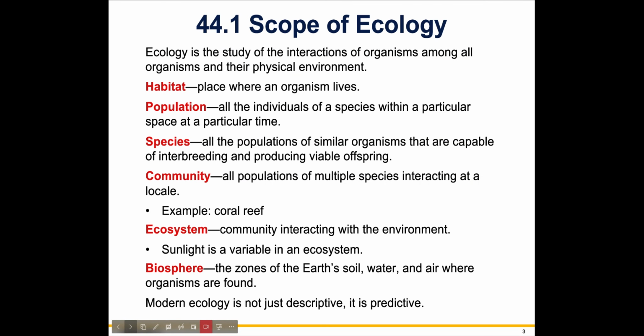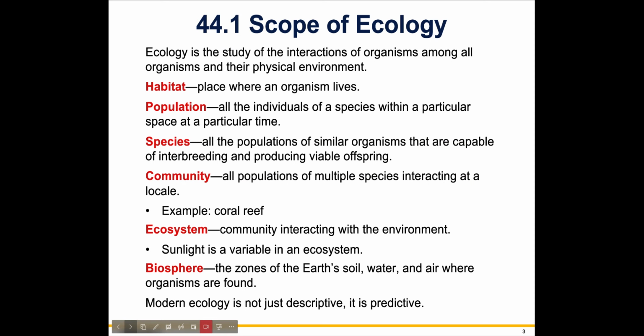So, the scope of ecology is that ecology is the study of the interactions of living things in their physical environment. So, we are now not just looking at that one living thing, but how they are utilizing the different resources and the place they find themselves in.